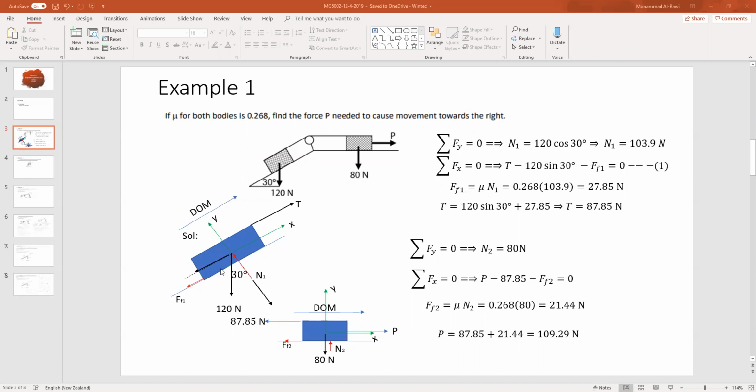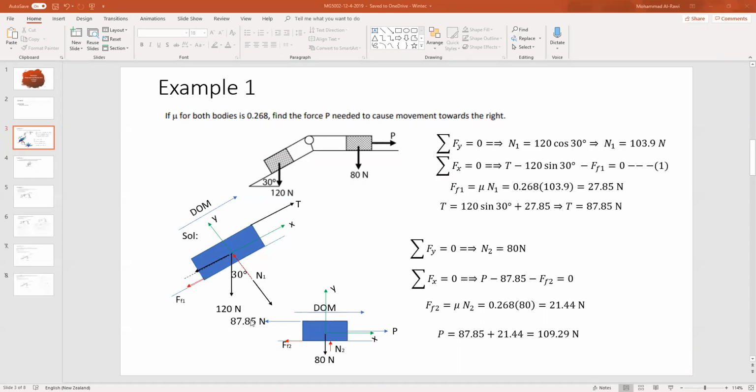Since there is only the weight's impact on this question, it's very easy. From summation of forces in the y direction, N1 is given, or will be calculated. After rearranging equation 2 and equation 1, you get the value for T.